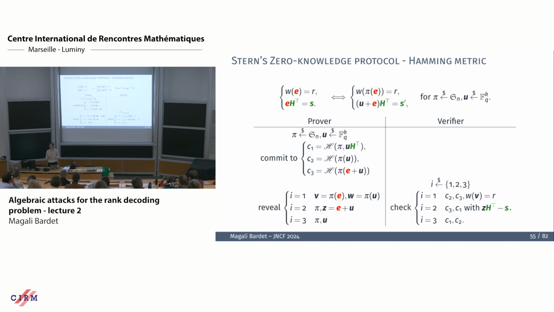So the probability that you don't know E is very small if you can succeed in all the queries. This is not a very efficient protocol, but it's the first one, the Stern protocol. And it allows to prove the knowledge of secrets. And it's very interesting because you use random instances of the decoding problem.